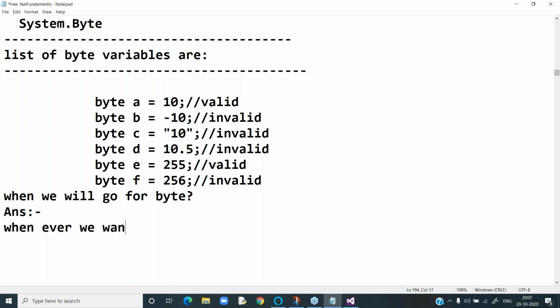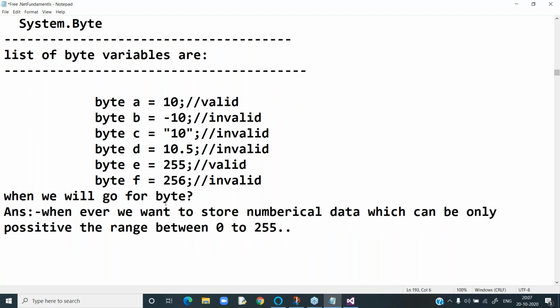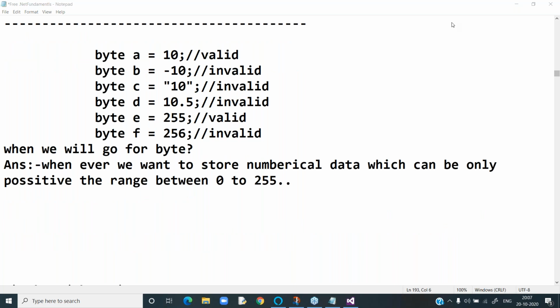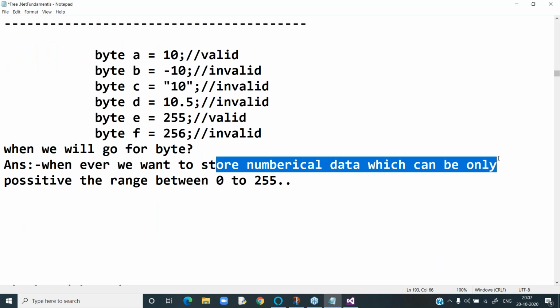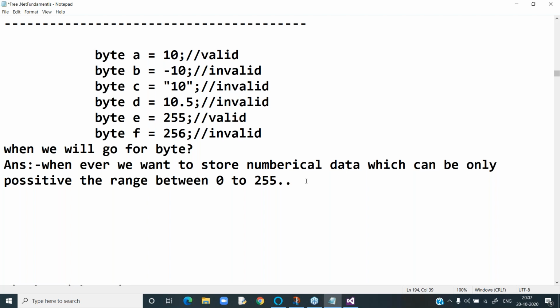Whenever we want to store numerical data which can be only positive, the range between 0 to 255.